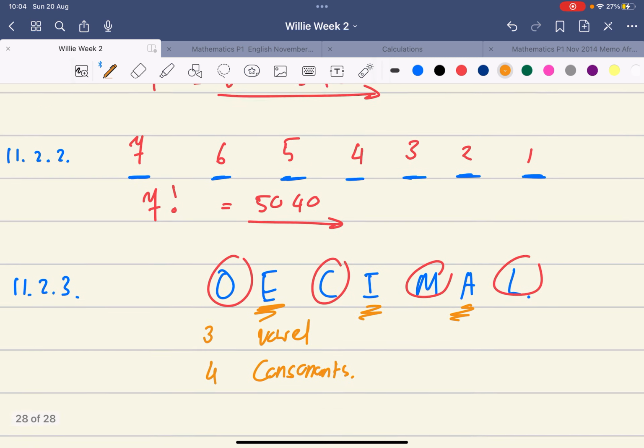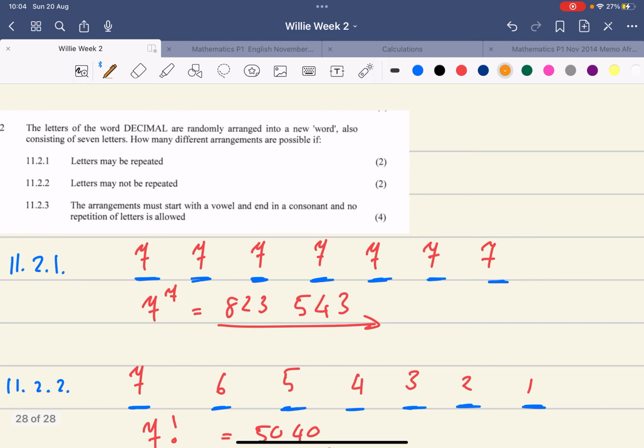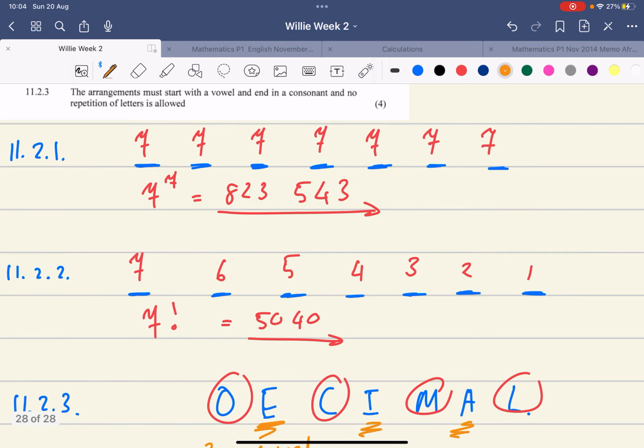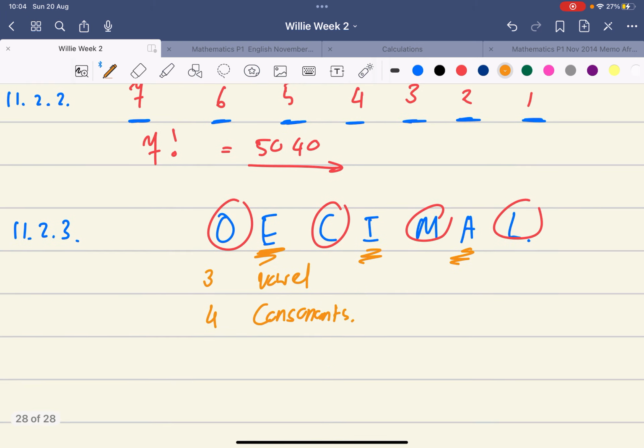So we have 4 consonants. And the question says the arrangements must start with a vowel and end in a consonant, and no repetition of letters is allowed. So that means that in our first position, because we need it to be a vowel, we only have 3 options for our first letter.